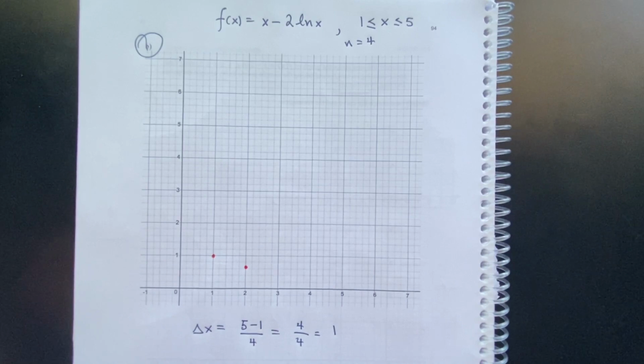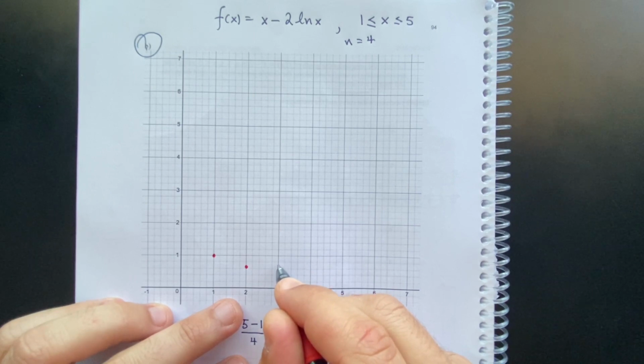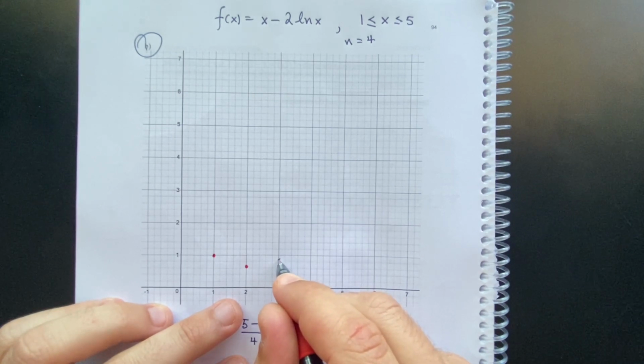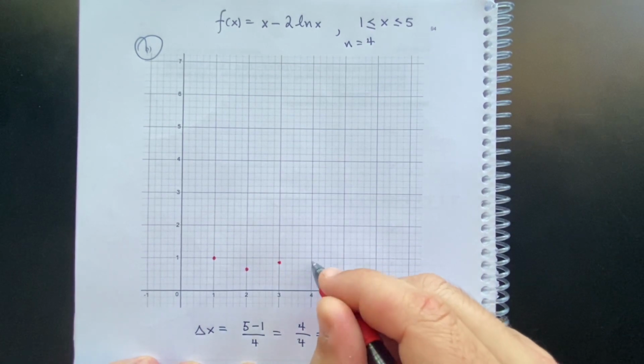At 3, let's see, 3. So we're at 0.8. 3, so a little over 0.8. At 4, some of this stuff is tedious. So about 1 and a quarter, I'll say.